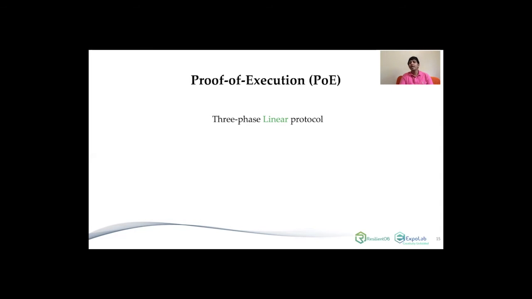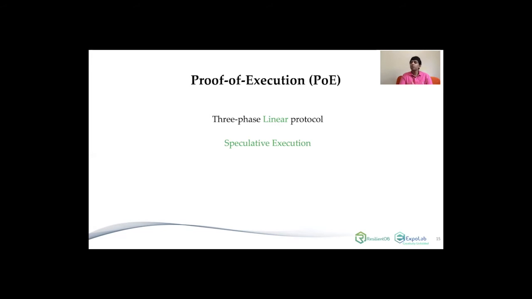As we saw, SBFT requires the same number of phases as PBFT. It basically splits each phase using threshold signatures. And HotStuff requires more phases, but it allows frequent primary change. In PoE, we want to reduce the number of phases and still ensure the protocol is linear.